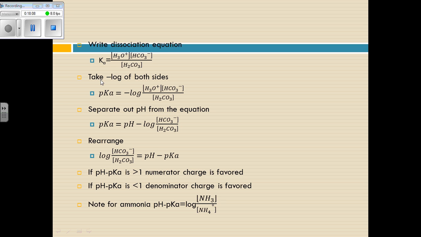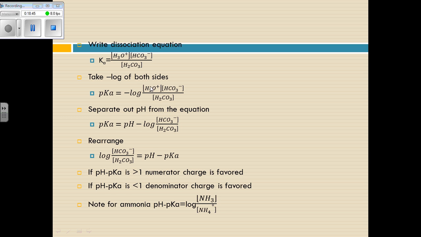So on the left side where we just have Ka, we're just going to write pKa for negative log of the dissociation constant. And then that's equal to the negative log of this fraction that we came up with. So far it's pretty straightforward. We know that pH is going to be a factor, and pH only refers to this H3O plus. So we're going to do a little math trick, and we're going to take this fraction and make it the concentration of H3O plus times the fraction that is the anion, HCO3 minus, over the acid, carbonic acid.